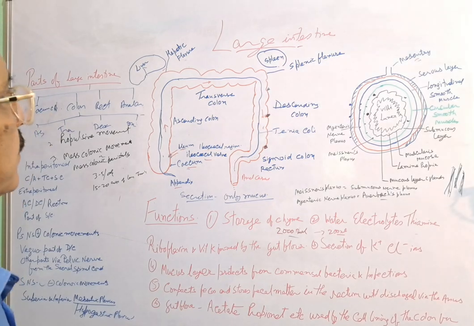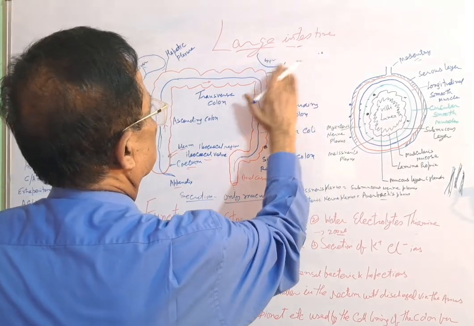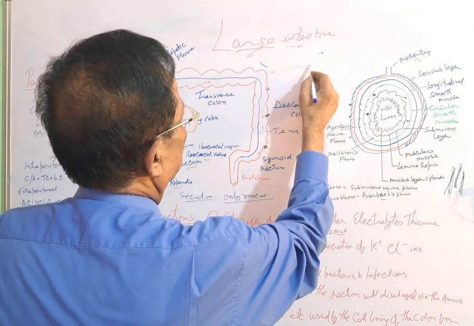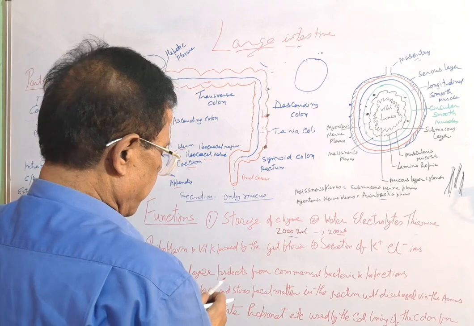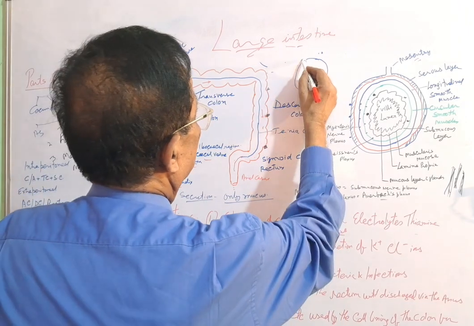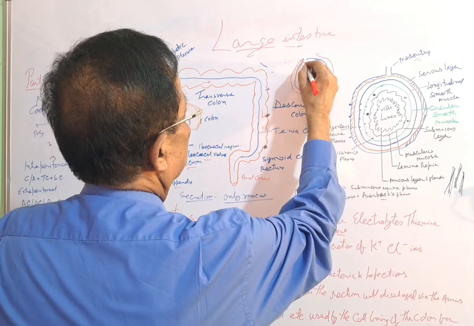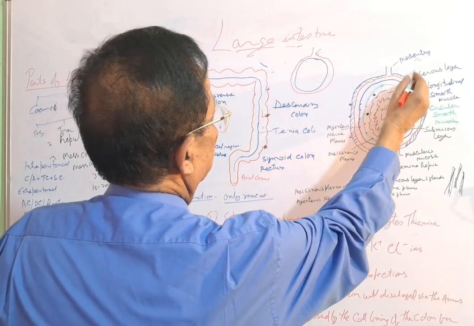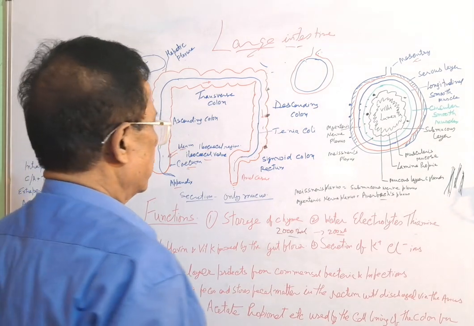Now, the intraperitoneal structures: the cecum, appendix, transverse colon and parts of the sigmoid colon are intraperitoneal. What is the meaning of intraperitoneal? Intraperitoneal means the organ is covered on both sides by peritoneum, and there is a mesentery. Okay, this is an intraperitoneal structure.